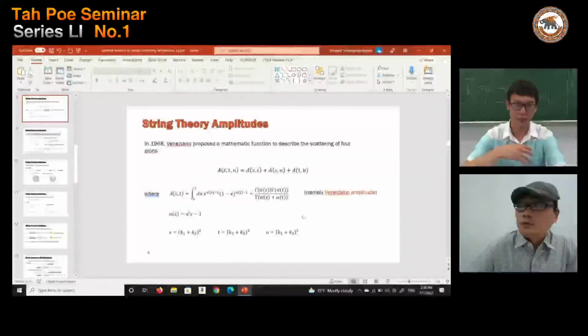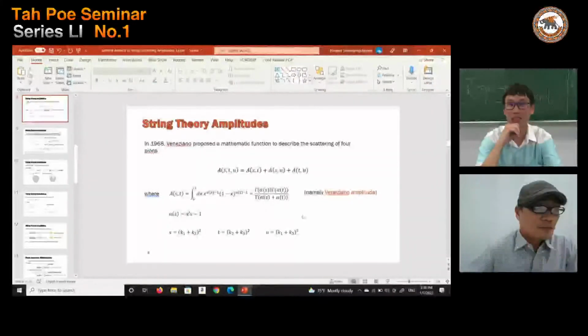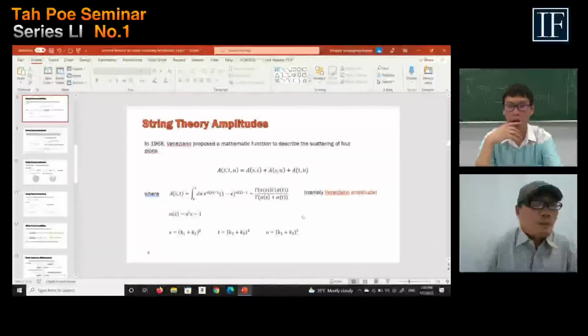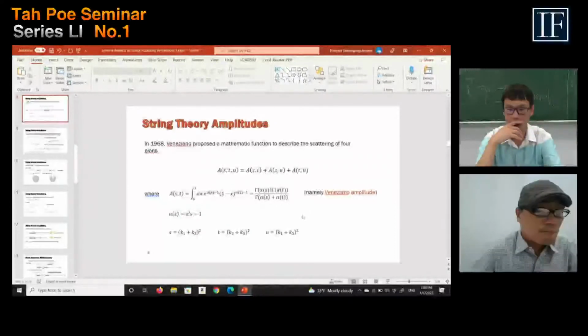So probably my answer is that the KLT relation holds for purely closed strings. In the sense of gravity as gauge squared, it's like pure graviton scattering and pure gauge boson scattering.